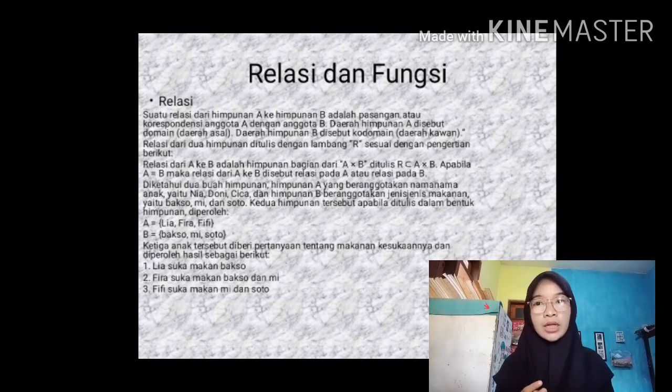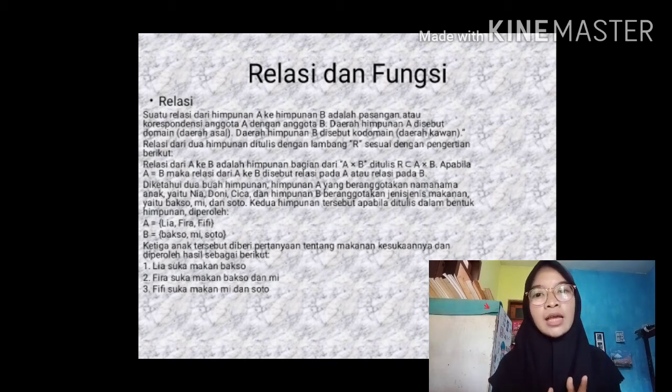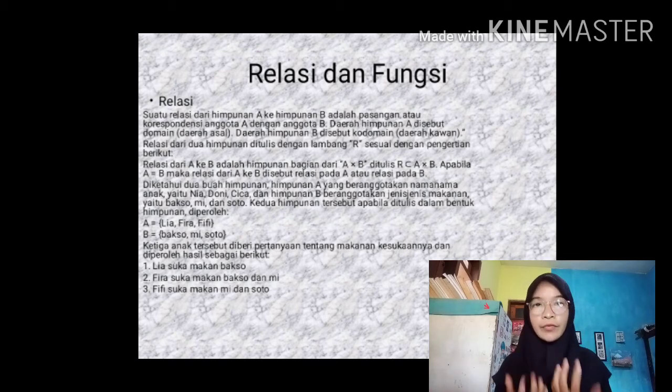B equals meatball, noodle, soup. Third, the children were asked a question about their favorite food and the results are as follows. Number 1, Lia likes to eat meatball. Number 2, Vira likes to eat meatball and noodle. Number 3, Vivi likes to eat noodle and soup. Okay, next.